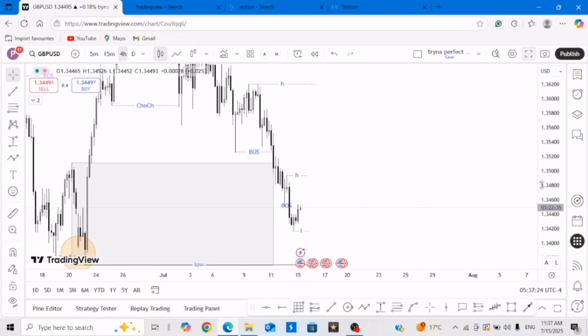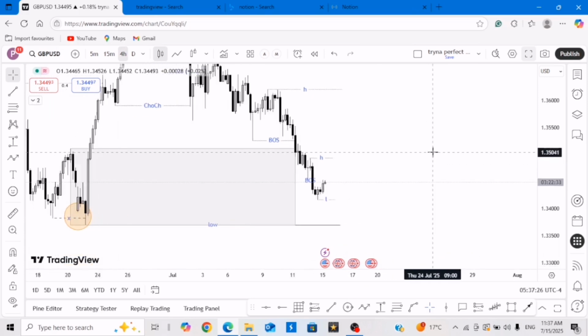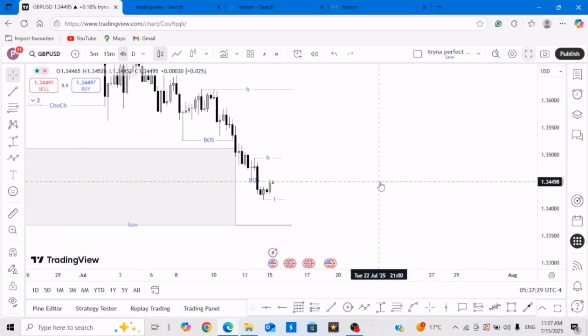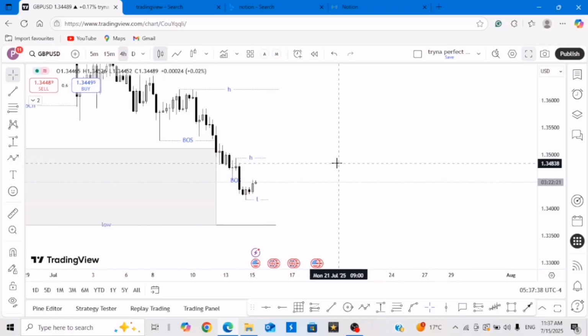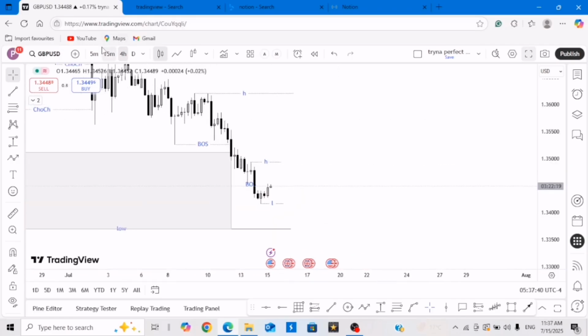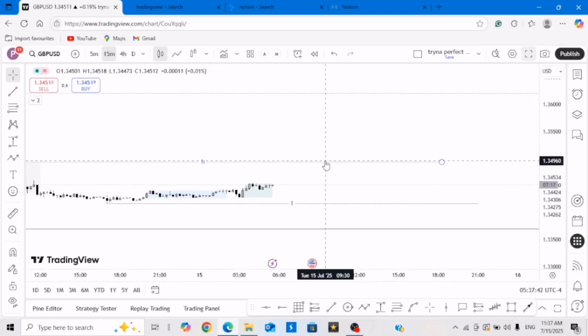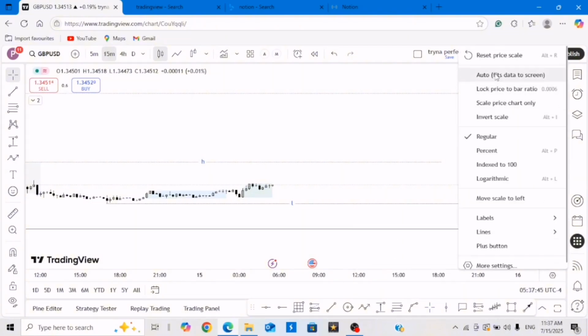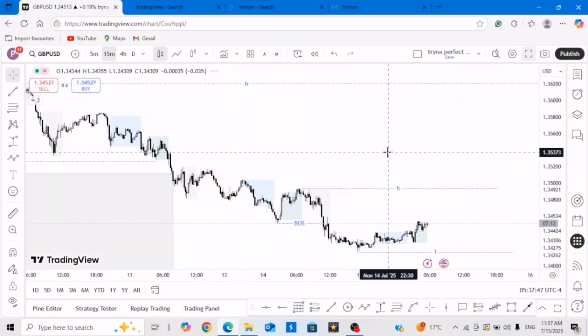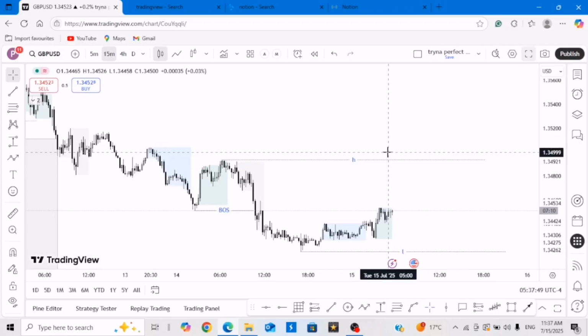So the moment we get a break of structure, and structure starts moving to the upside, that's when you can start saying, okay, maybe the buys are starting to get into place. Because right now buying will be going against the trend on the lower time frame. So probably New York, I might enter some sells. We'll see what happens.